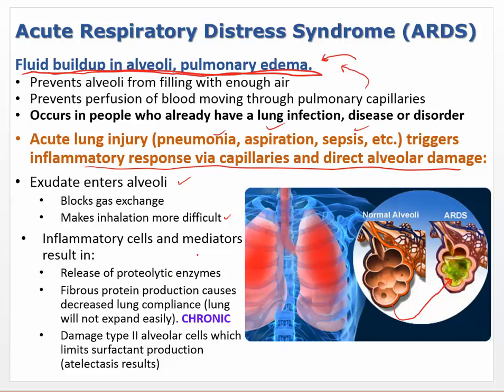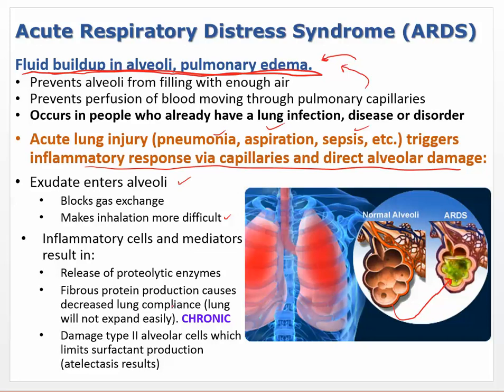Proteolytic enzymes are there to inhibit some other offender, like a bacteria or something like that. So fibrous protein production can then also ensue. Proteolytic enzymes can damage the actual tissue of the alveolus. Fibrous protein production would be part of the healing process, I suppose, but somehow you're producing fibrous proteins.